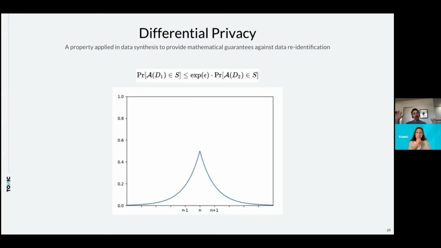We could do a whole hour-long discussion, and that certainly wouldn't be enough to really dive into differential privacy. But I'll just leave it as, it's a way of making guarantees about the privacy of the data and ensuring that, when you take some records and you include them in a process that's going to create synthetic data, you haven't compromised any of the privacy of the people that are participating in this process.